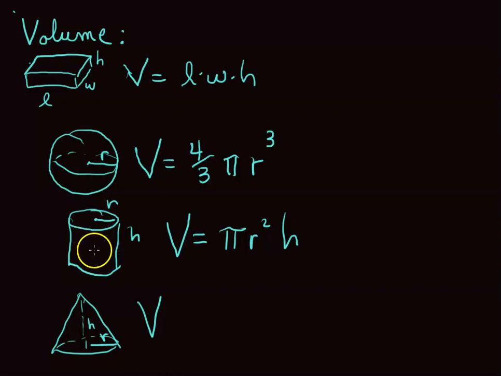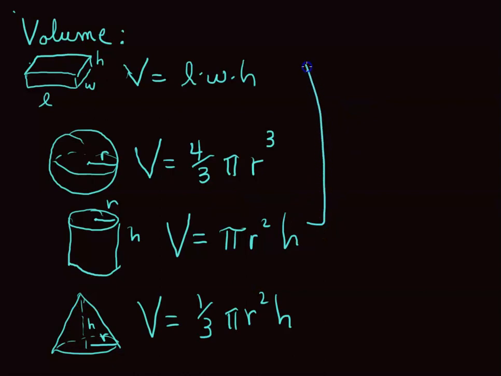For the cylindrical solid, if you cut this out of that, it is 1/3 that volume: 1/3 of pi r squared h. For a pyramid, if the base is a triangle, it's the area of the base times the height, but it's 1/3 of that because it comes to this point.